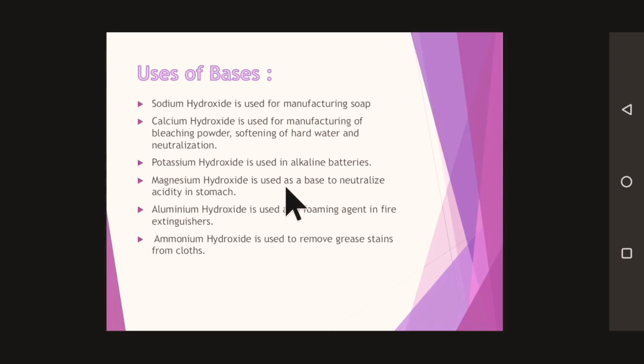Magnesium hydroxide is used as a base to neutralize acidity in the stomach. They are called antacids. Ammonium hydroxide is used as a foaming agent in fire extinguishers, and it is also used to remove grease stains from clothes.